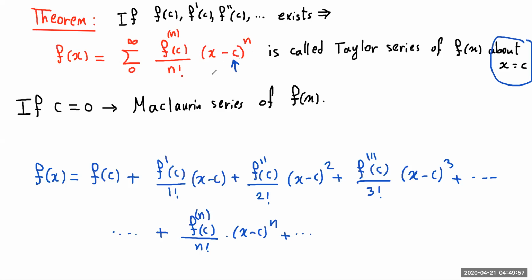We'll see later how to find the center and the radius of convergence of series like this, how to calculate this in the exercises. Now, if the number c is 0, in this particular case, I will call this series the Maclaurin series for the function f.